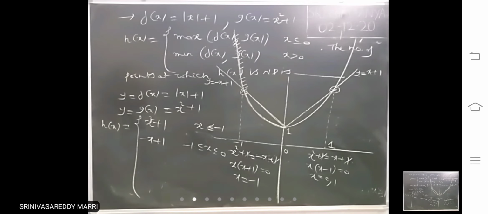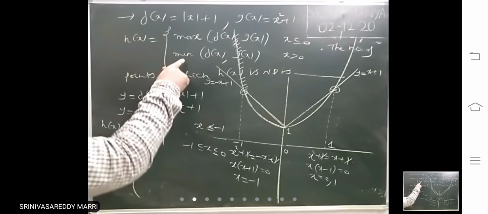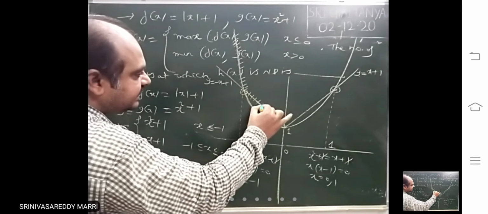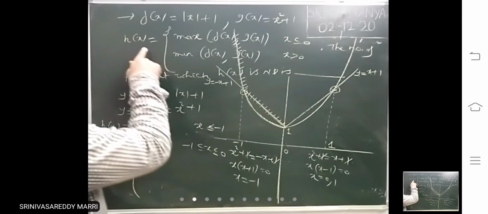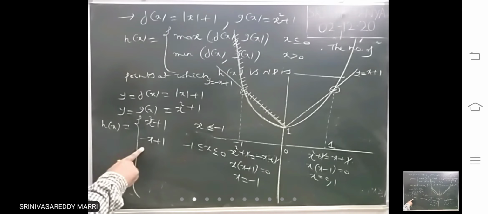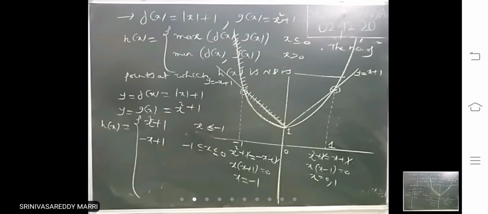Next, when x greater than 0, he is telling minimum of f of x comma g of x. Maximum of f of x comma g of x was h of x on the left side. Next, when x greater than 0, minimum.